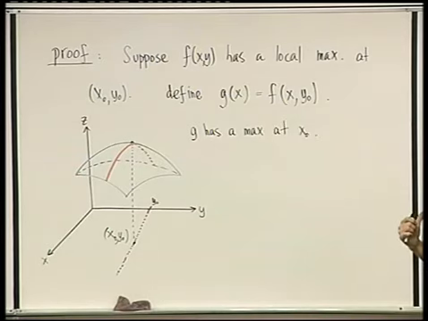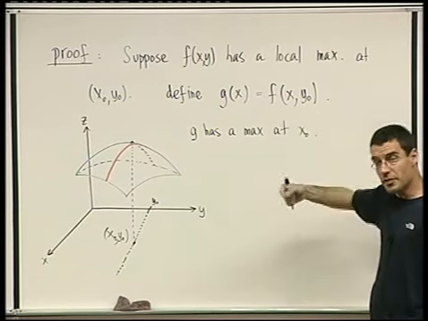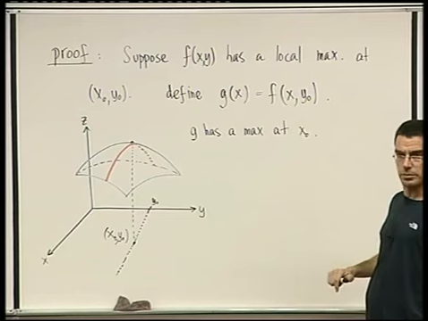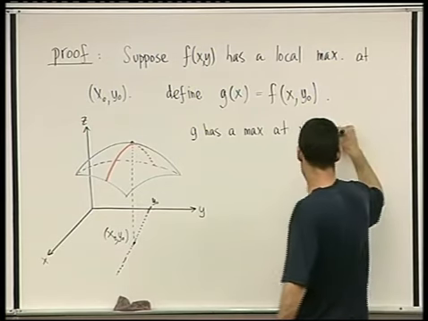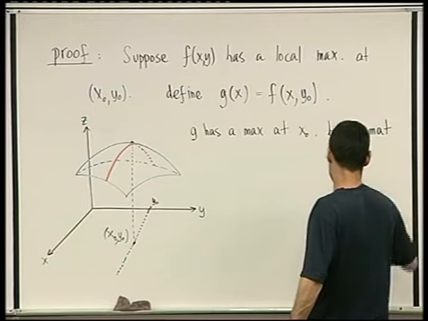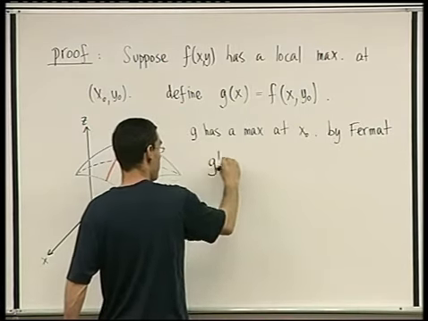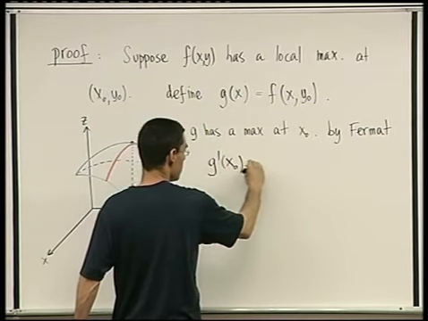By Fermat's theorem, if g has a maximum at x0, then the derivative of g at x0 is 0. So by the single variable theorem of Fermat, g prime at x0 is 0.